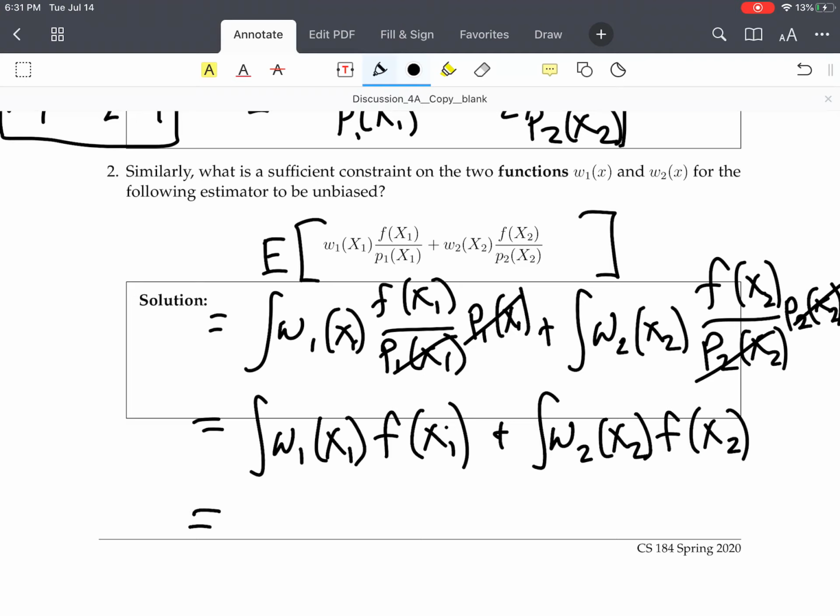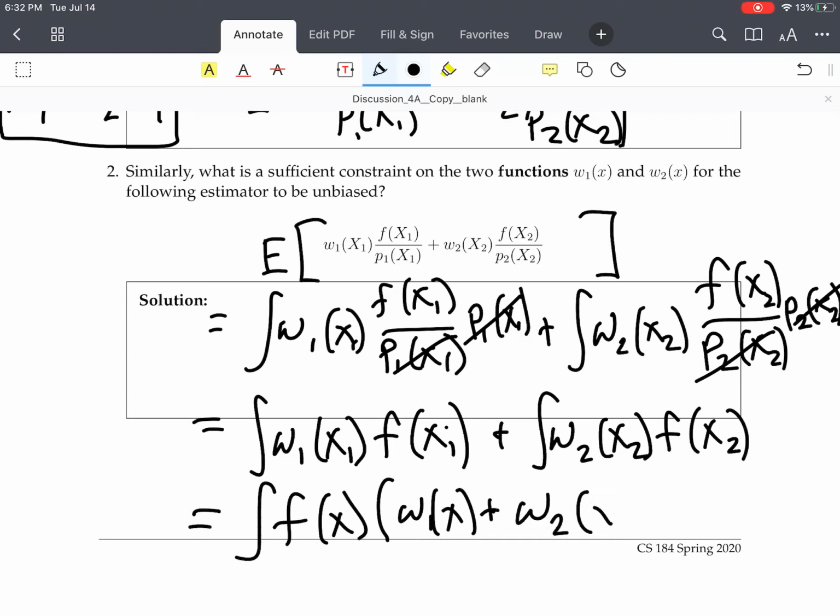And then remember we can put these two together because they're integrals over the same domain, right? The domain of x doesn't change. And so we can do that and factor out this f. So it's going to become the integral of f of x times w1 of x plus w2 of x dx.